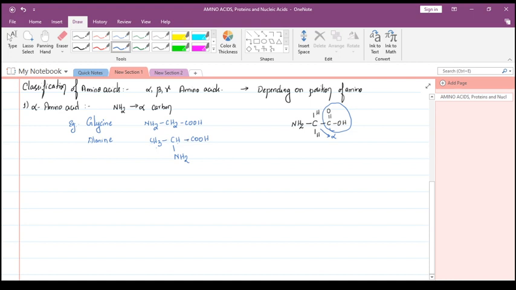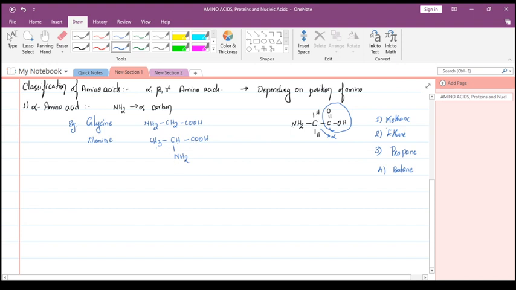There are three carbon atoms. How do we name them? One carbon is called methane, two carbons ethane, and three carbons propane. Isn't it? Four carbons, butane. So there are three carbon atoms, so it is propane.